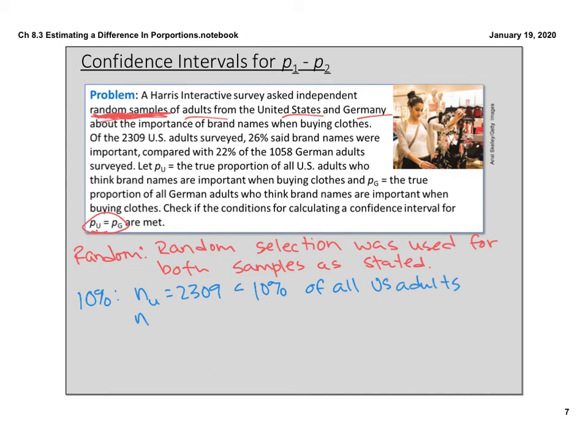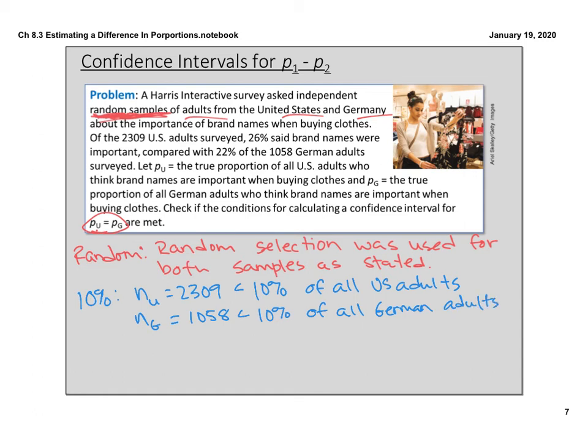And then the n for G, for Germany, was 1,058. Now, I'm not super familiar with the population size of the country of Germany, but I'm willing to bet that there are more than 10,580 adults. So we're going to say that that's less than 10% of all German adults. Done. Check. Okay, 10%.